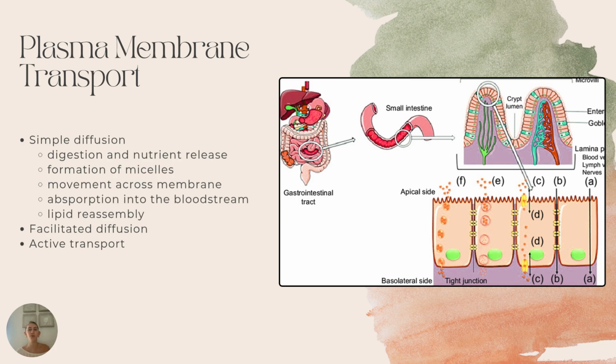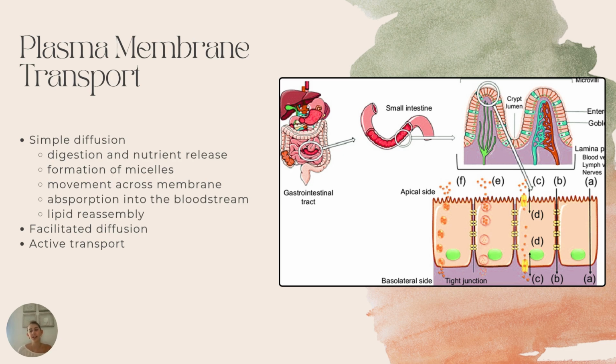Then we have the movement across the membranes, and this is where the nutrients, dissolved in water, move across the intestinal lining, specifically in the villi and the microvilli, through simple diffusion, meaning they move down our concentration gradient without the need for energy or for protein transporters. And then we have the absorption into the bloodstream.